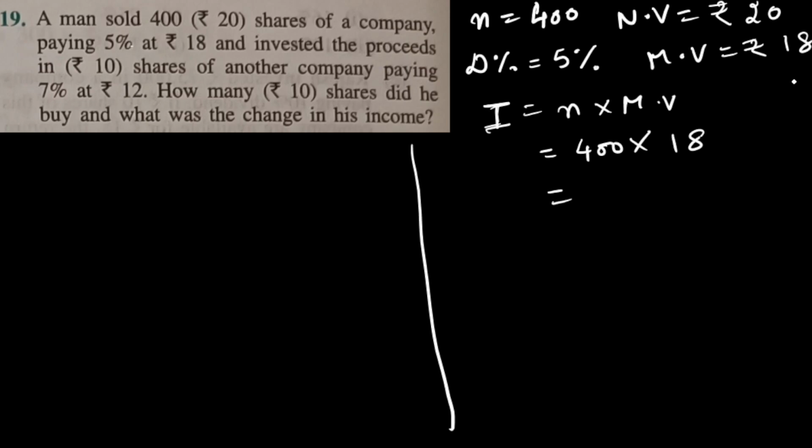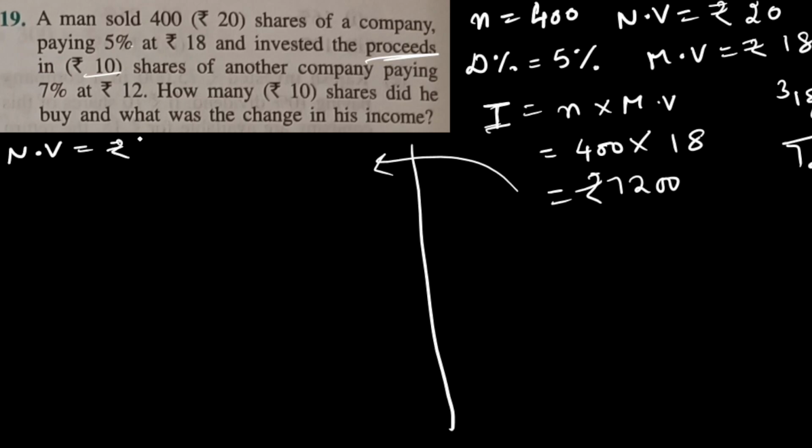If we multiply, 18 into 4, 4 into 8 is 32. This is 7,200, two zeros are there. So this is the investment. Again you can see the word proceed. This 7,200 he invested in some other company, where the nominal value of that company's share is rupees 10.